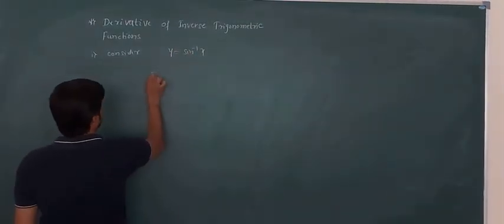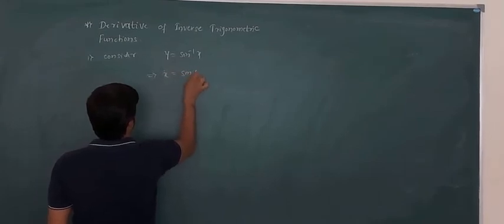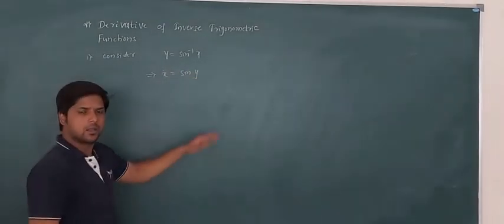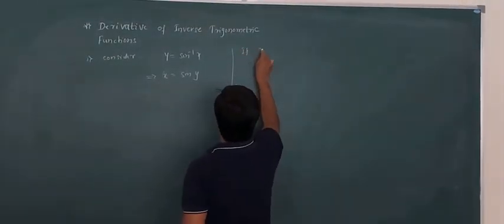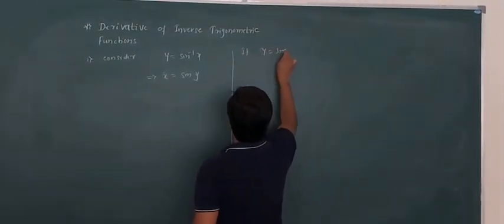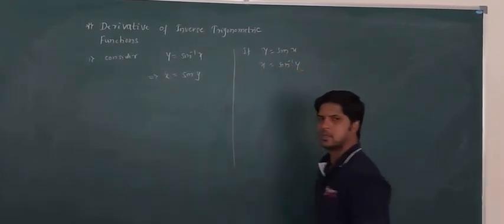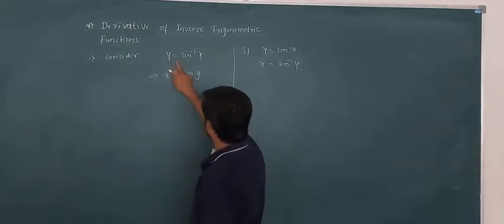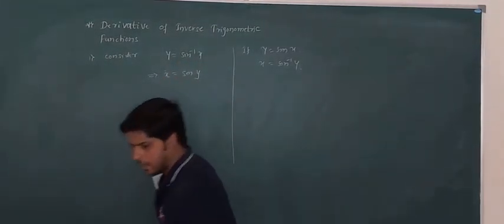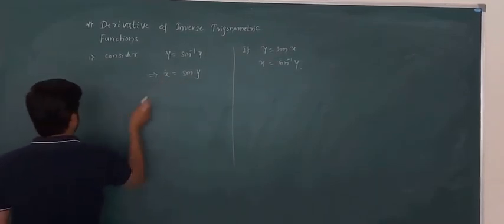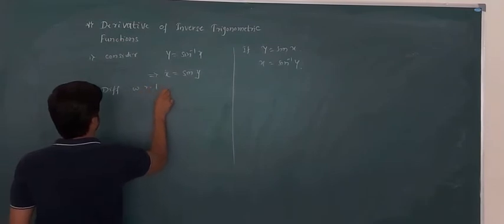This can also be written as x equal to sin y. As we know in inverse trigonometry, if y equal to sin x, then x equal to sin inverse y. Here y equal to sin inverse x can also be written as x equal to sin y. Now differentiate with respect to x.